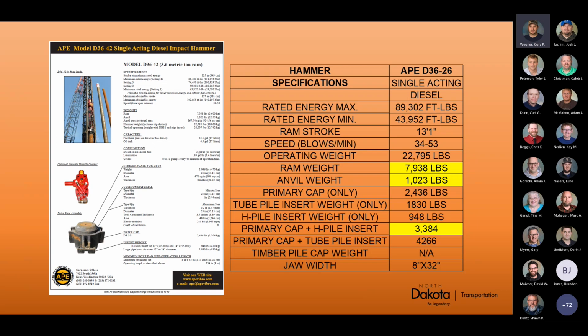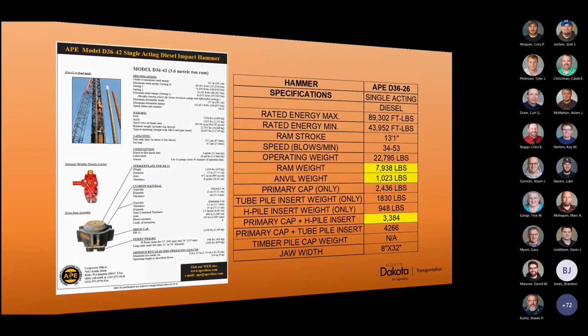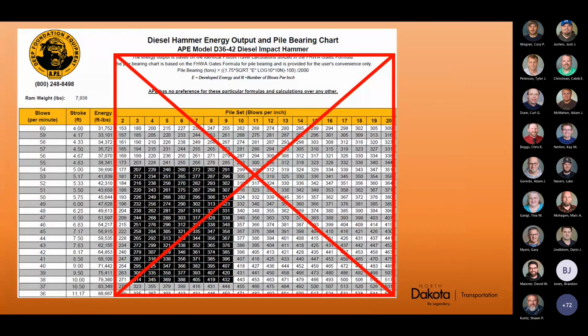So just be aware of that. There's also this chart out there for a lot of hammers, and it's come from the hammer manufacturer. Shows the same hammer on that last slide.